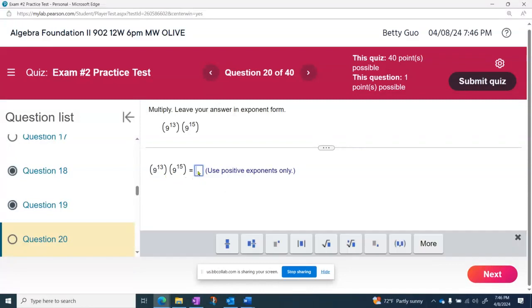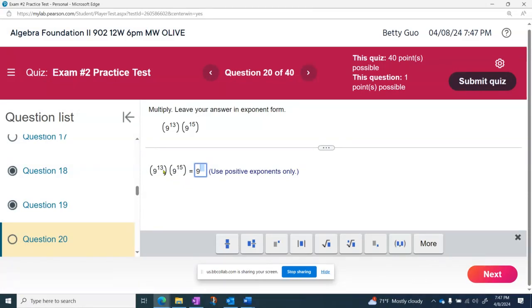And this is also very straightforward. You're looking at a multiplication of two powers with the same base. Again, use positive exponents only. Multiply, leave your answer in exponential form, so do not evaluate. Base remains as 9. Since we are multiplying two powers with the same base, we are applying the product rule.